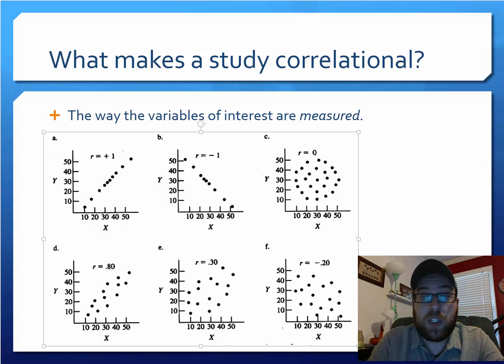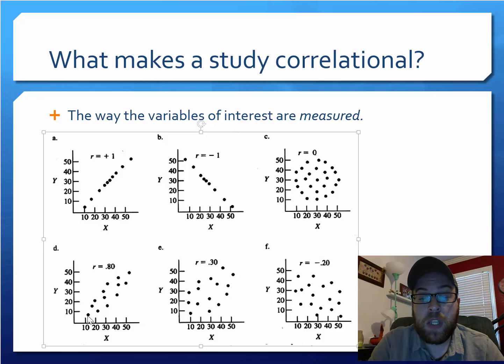Let me show you what this looks like visually. Here I have a variety of different scatter plots that might help us understand the relationships between variables. What these scatter plots mean, let's begin with this one here, D. What these scatter plots represent are an individual's score. So each one of these dots is an individual score on two different variables, on variable X and variable Y. And it doesn't really matter what these variables are.